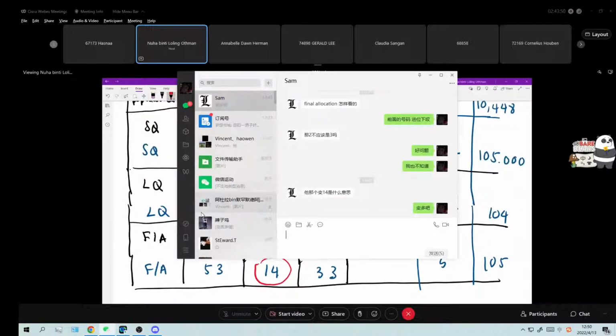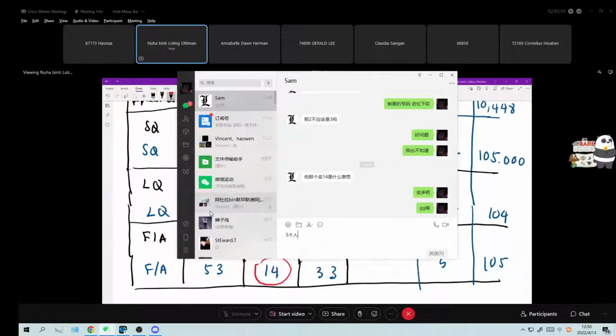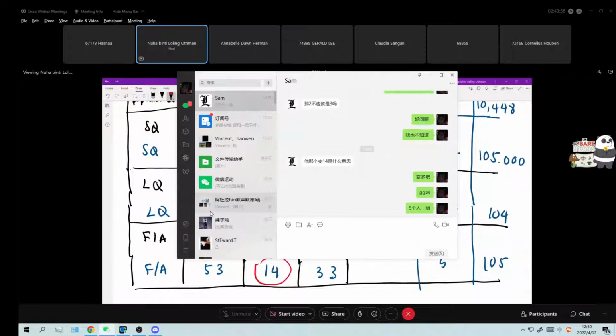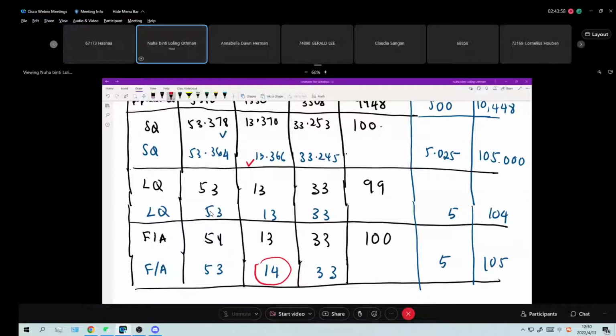Once you create a group, you put your group members in ellipse. So I want to see that each of you will get 5 members in your group. Okay, so that's it. Now is your attendance.